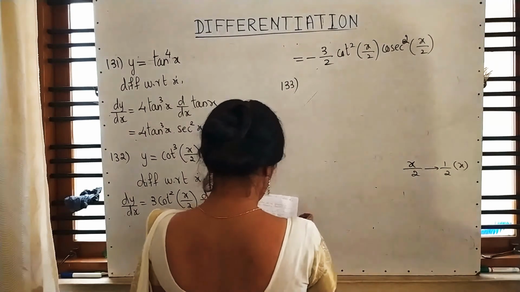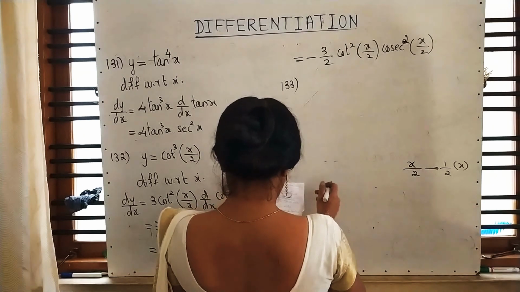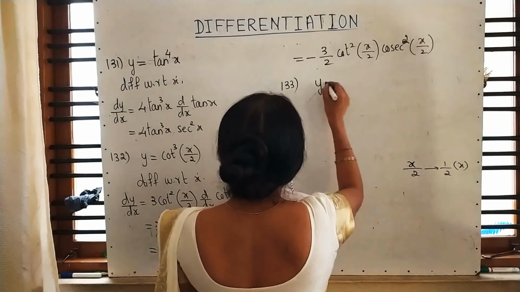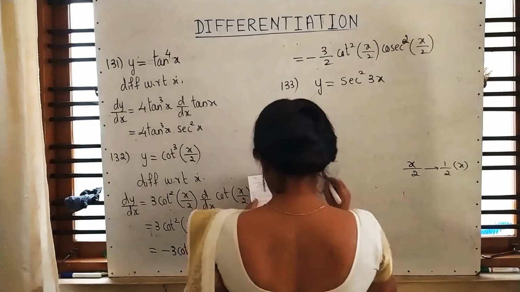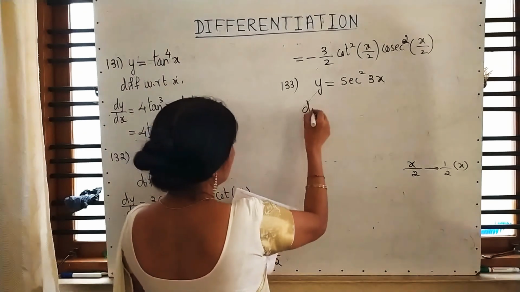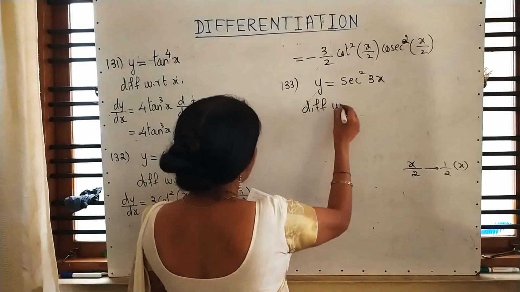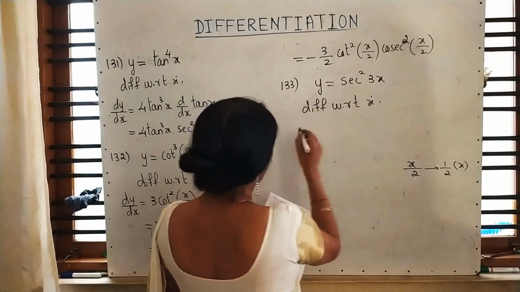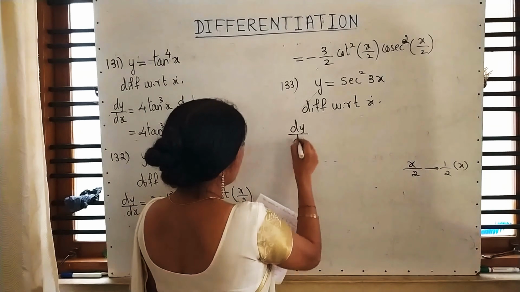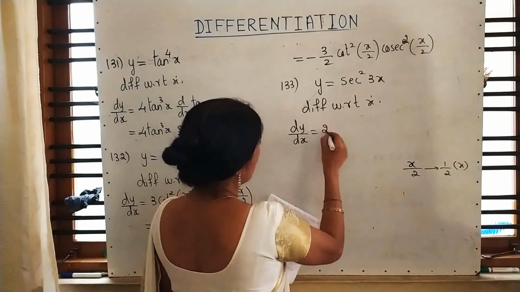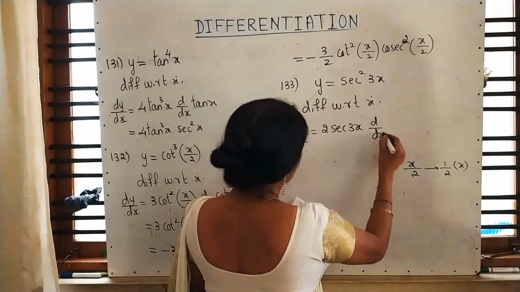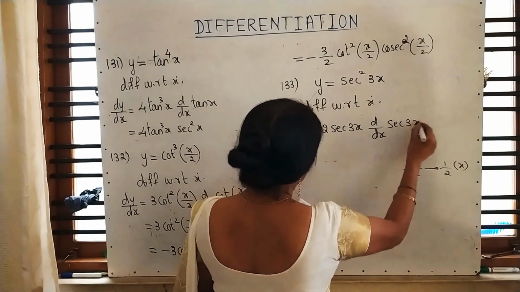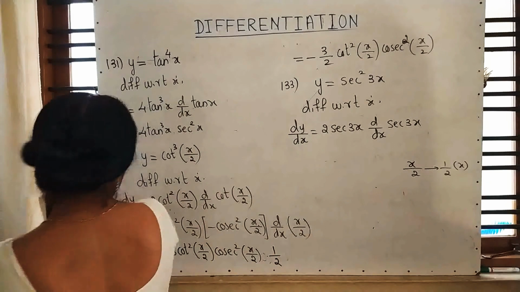133. Y is equal to secant square 3x. Differentiating with respect to x, dy upon dx, first power: 2 secant 3x, then base sec 3x. What is the differentiation of sec?